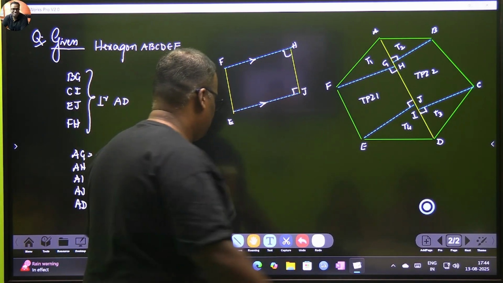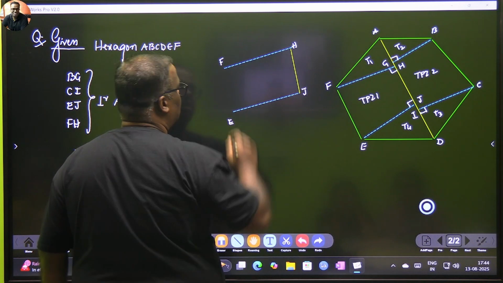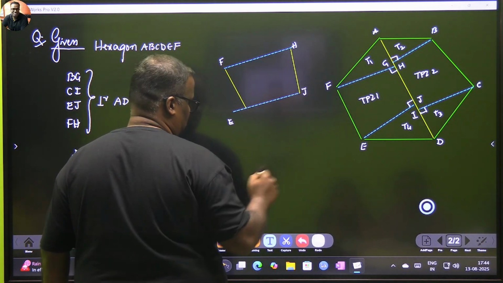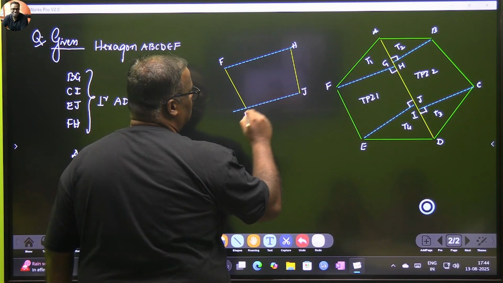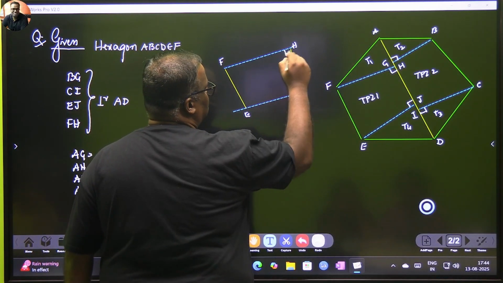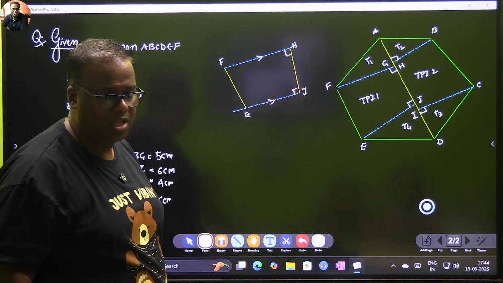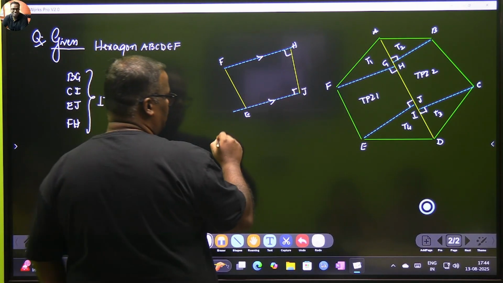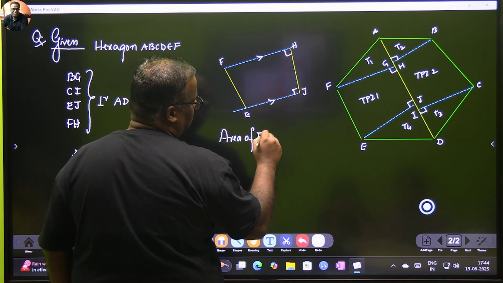Since this is 90 and this is 90, this is parallel to this. This is a trapezium.